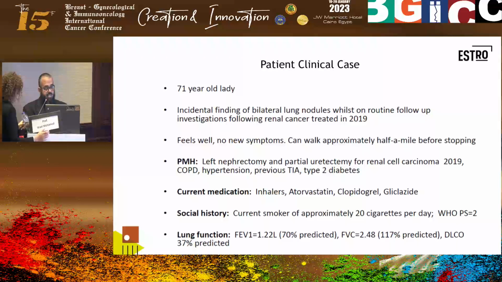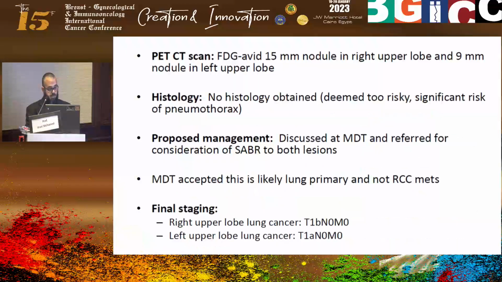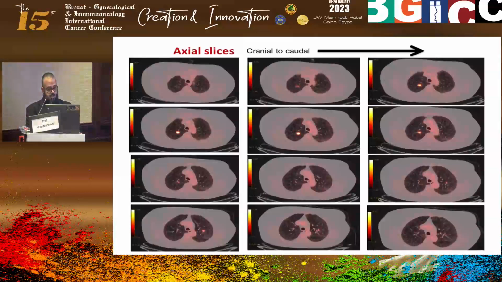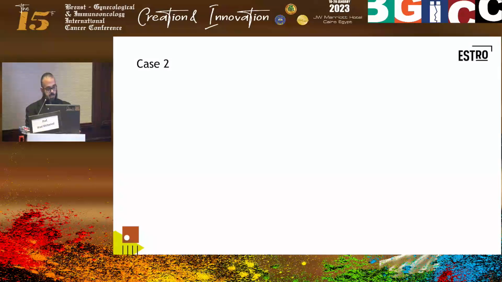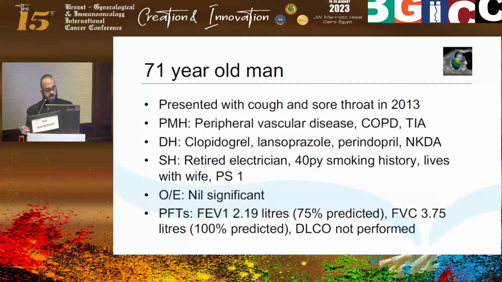So the patient case. This is a 71 years old man presented with cough and sore throat in 2013. He has a history of peripheral vascular disease, COPD and TIA.